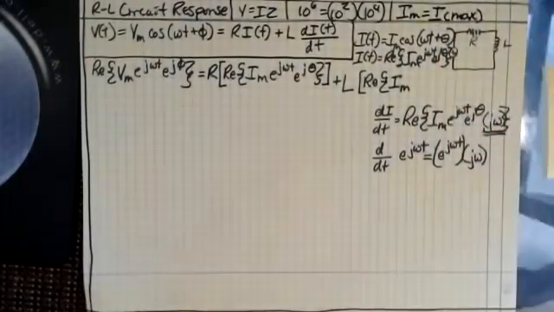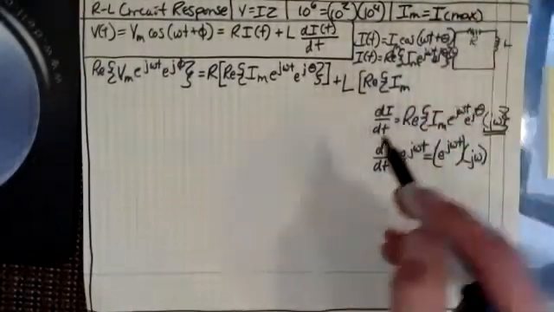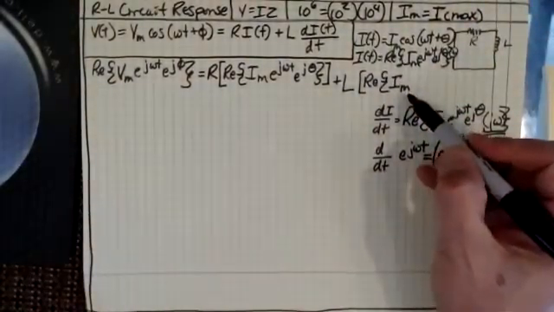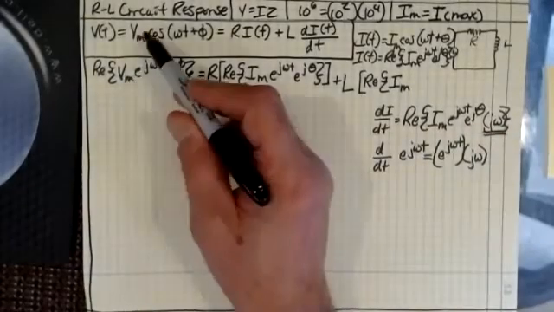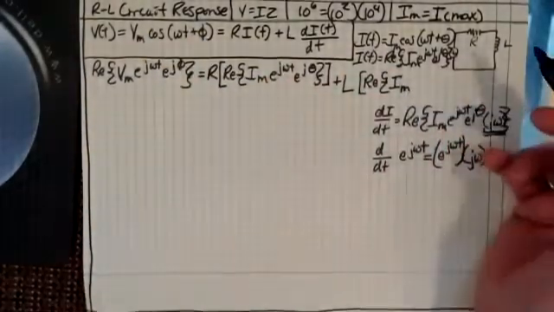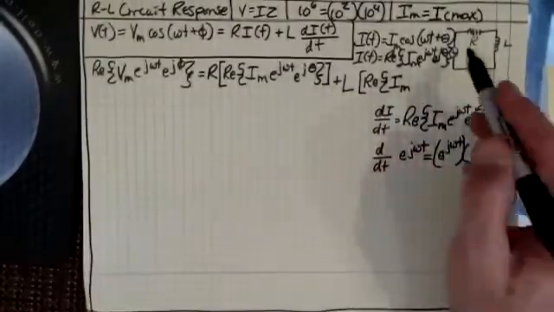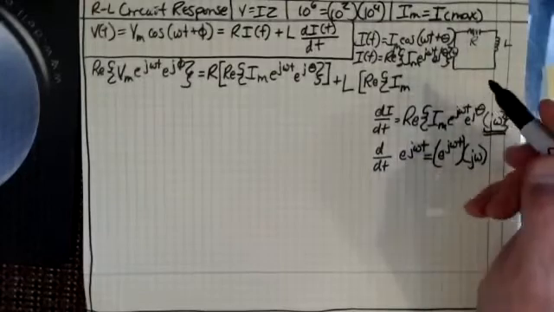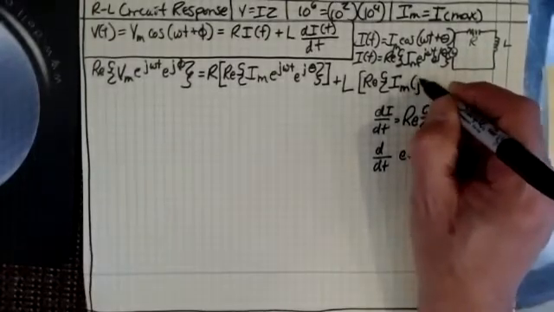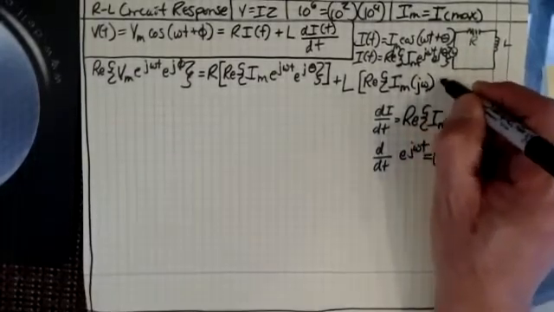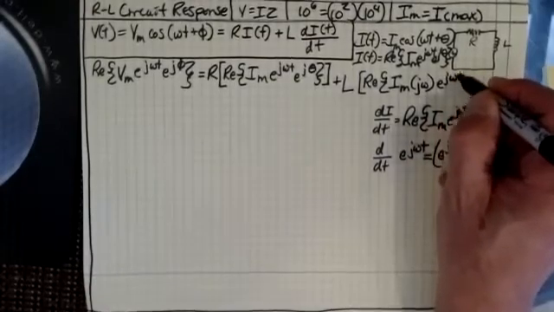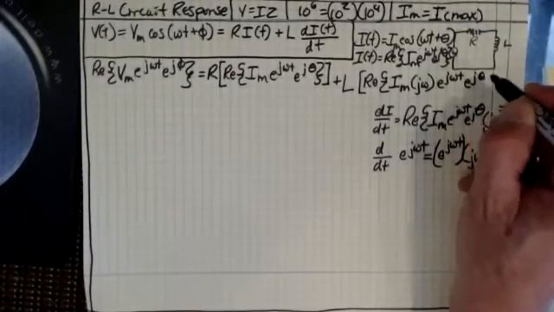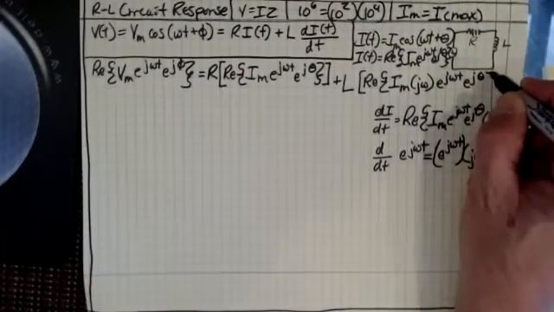Not imaginary. We're not talking about imaginary here yet. It's just I maximum. I could put I peak or whatever, but I used V maximum, so I wanted to use I maximum. I just want to point that out several times as I go along so that you'll know. So I maximum times j omega times e to the j omega t times e to the j theta, right?